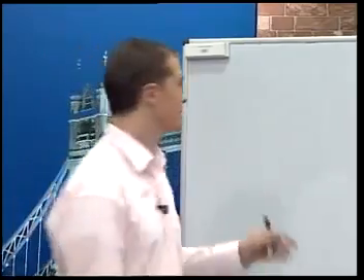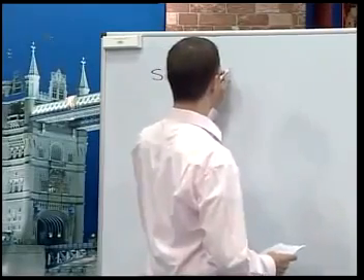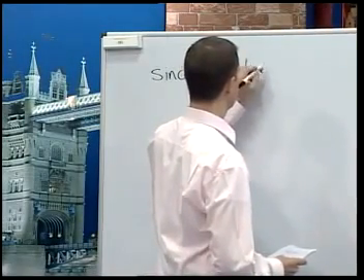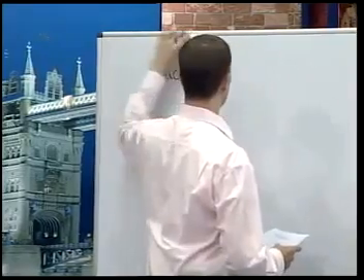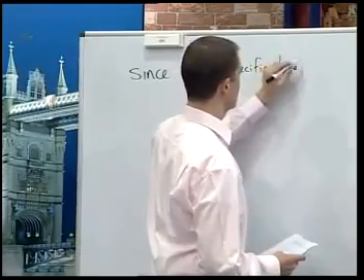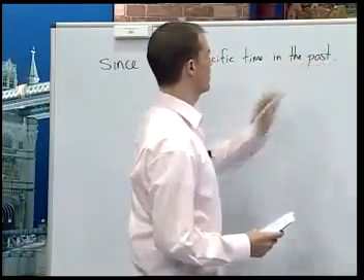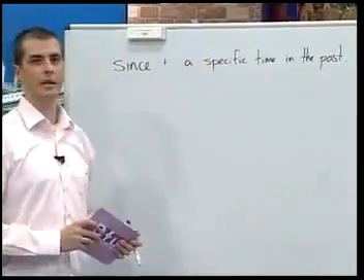So when we use since or for with the present perfect, this shows us that a situation has begun in the past and it continues to the present for some time. We use since plus a time in the past, a specific time in the past, for example, since February or since 1999.